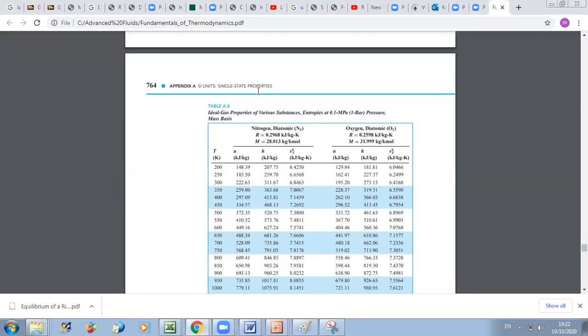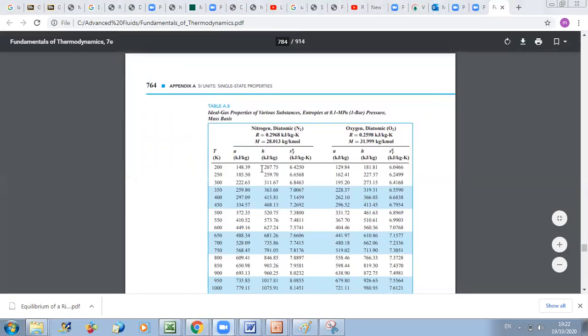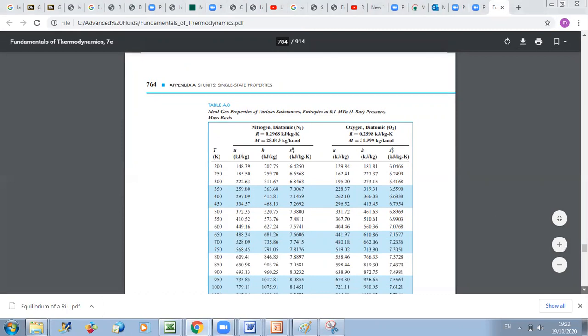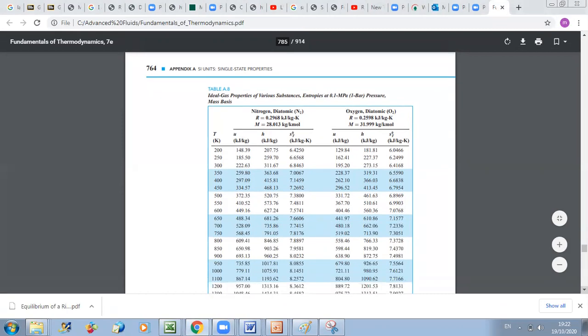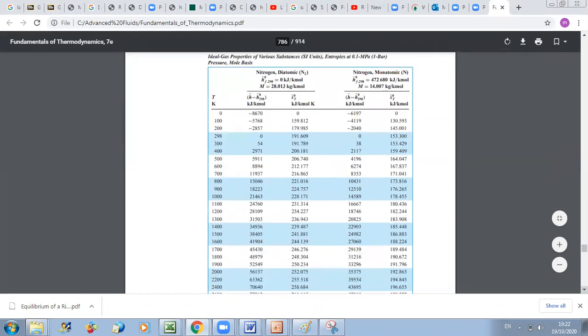Sometimes you can directly access this table to get the information about U and H for these gases. And here, for example, you have other gases such as nitrogen, N and N2. So here they will give you the variation of properties for these gases.